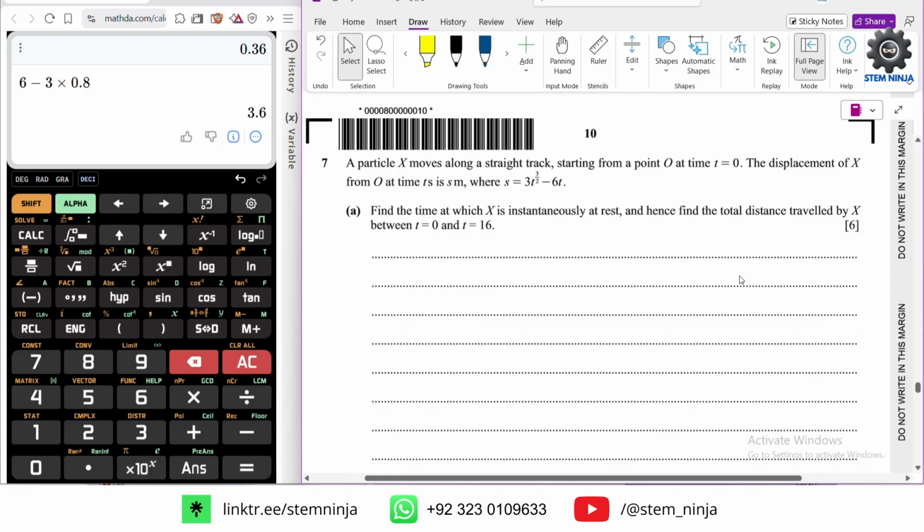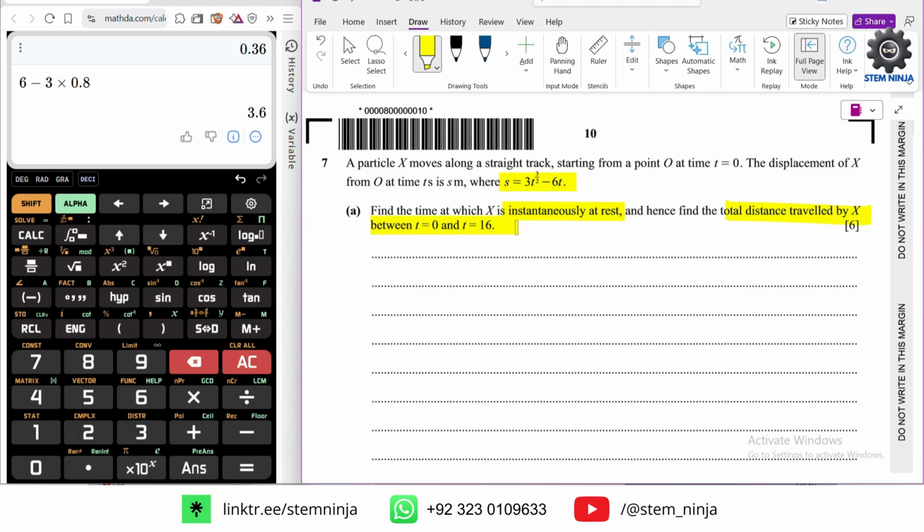Question number 7. A particle x moves along a straight track starting from point O at time t equal to 0. The displacement of x from O at time t seconds is s meters. Find the time at which x is instantaneously at rest, and hence find the total distance traveled by x between t equal to 0 and 16 seconds.